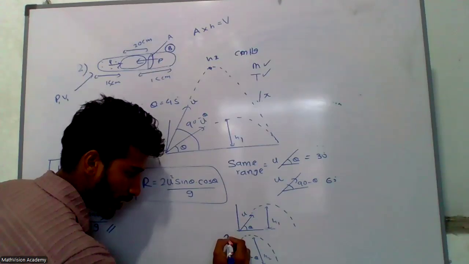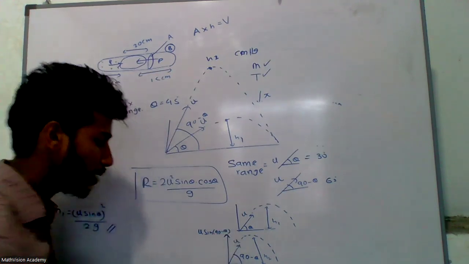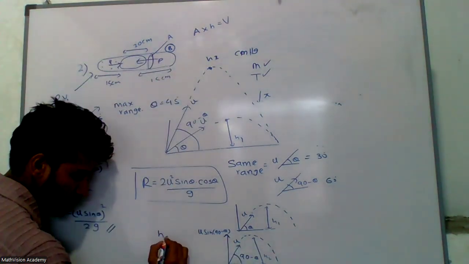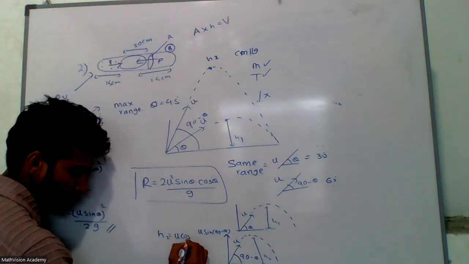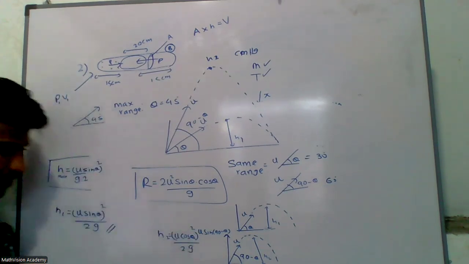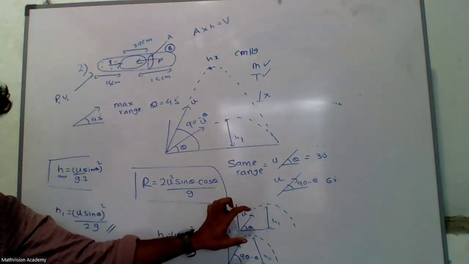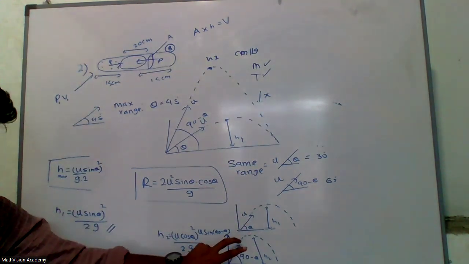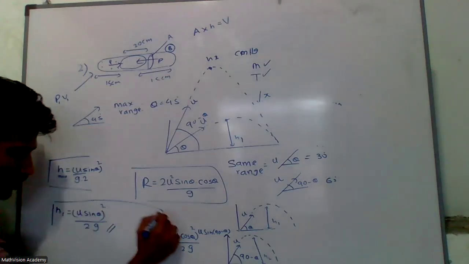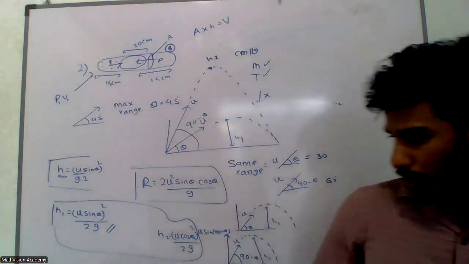U sin 90 minus theta is u cos theta. So if I substitute in this equation, H2 is equal to u cos theta whole thing squared over 2g. Here the vertical component is u sin theta, here it is u cos theta. So just remember these two equations. Not that important, okay? For now you should know these two equations.